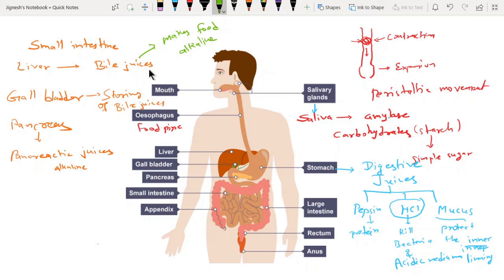And second, in the intestine, the fats are in large globules. To break them down, bile breaks the large fat globules into small globules, and this process is called emulsification.